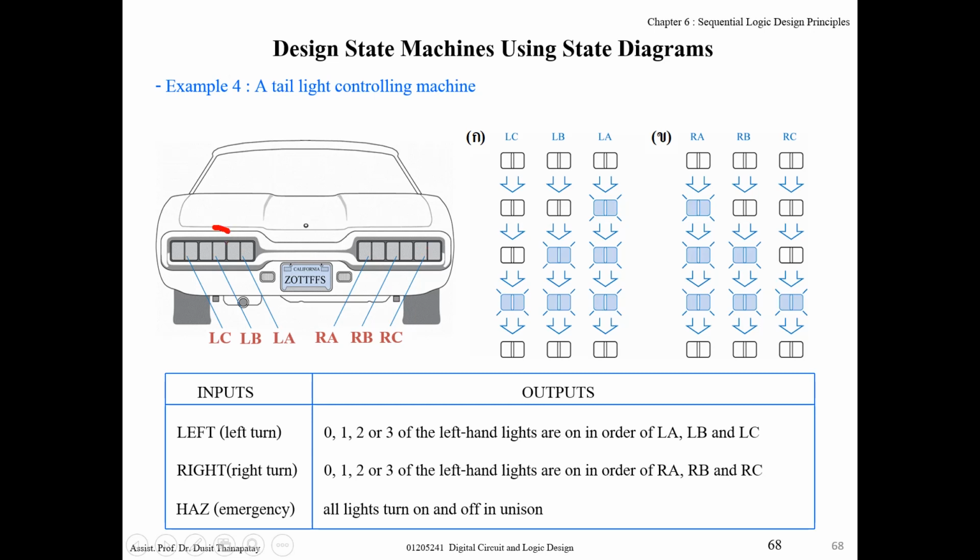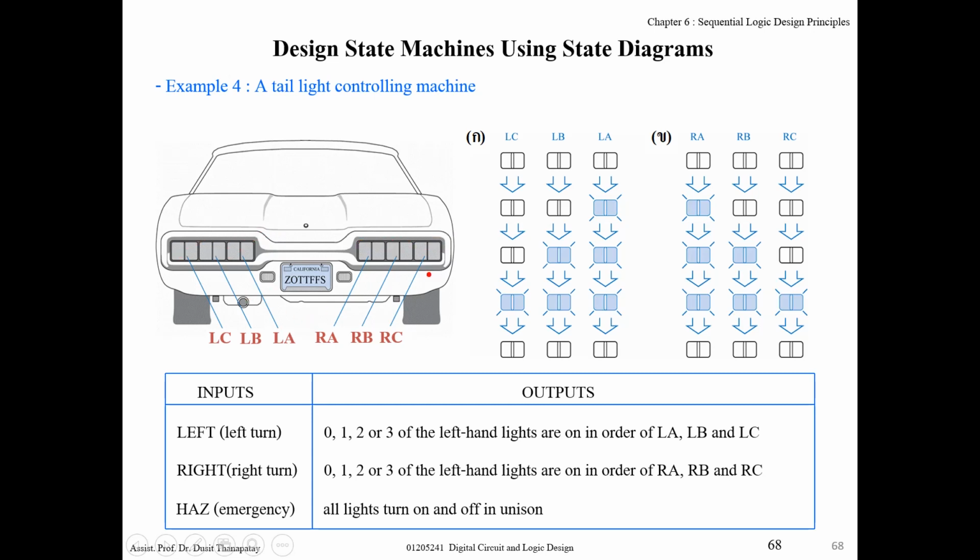No lamp turned on, then one lamp, named LA, turned on, where L is left, then LA and LB turned on, LA, LB, LC turned on, and on the right, RA turned on, RA and RB turned on, RA, RB, RC turned on, and finally all outputs, left and right, turned on.